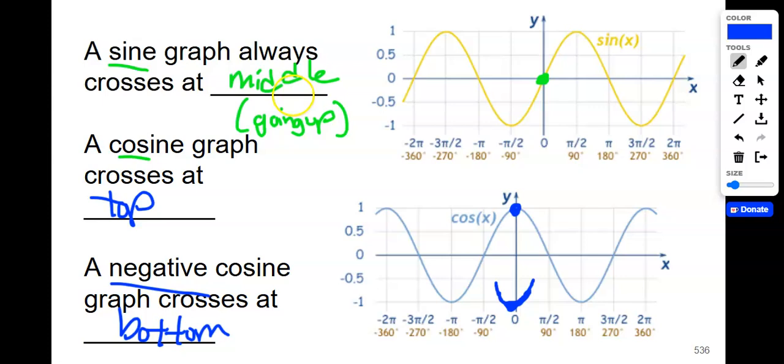So again, if a sine graph crossed in the middle, where do you think a negative sine graph will cross? Well, it's still going to cross in the middle, but a negative sine graph will be going down. So if you ever do have a negative sign, it's going to be going down like this blue line I just added. Still crossing in the middle, but it's flipping. And I'll show you that happening in Desmos.